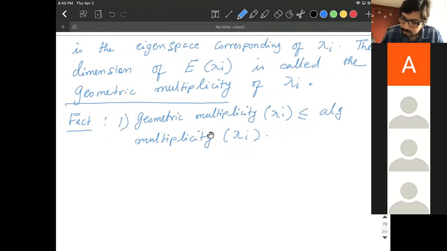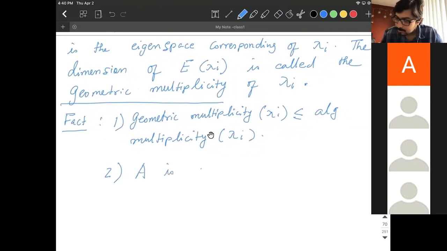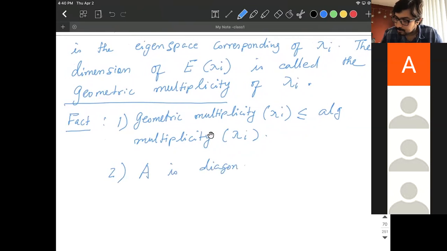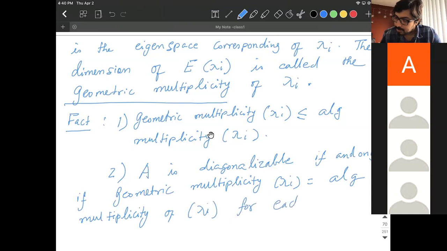Let's call this number 1, and number 2, A is diagonalizable if and only if the geometric multiplicity of lambda i equals the algebraic multiplicity of lambda i for each i.